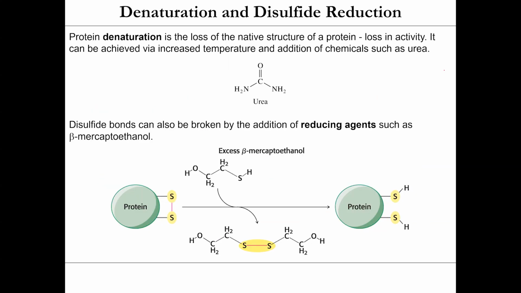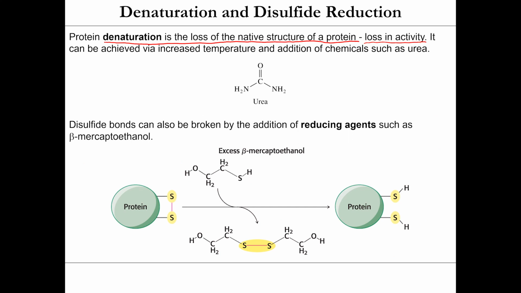So now that we've gone through how proteins actually fold in 3 dimensions, let's talk a little bit about how proteins can become unfolded. So unfolding of proteins is called denaturation. That would be the loss of the native structure of a protein, which would result in the loss of its activity, because a protein obviously needs to be properly and fully folded for it to have activity.